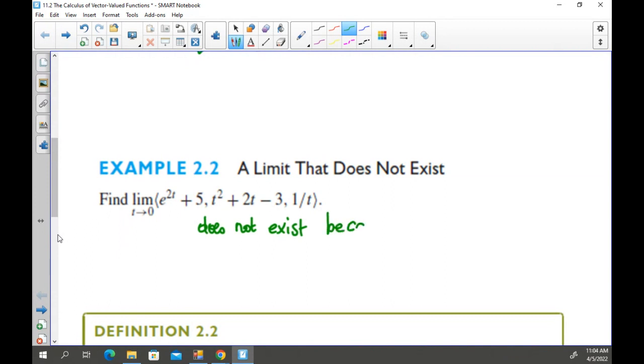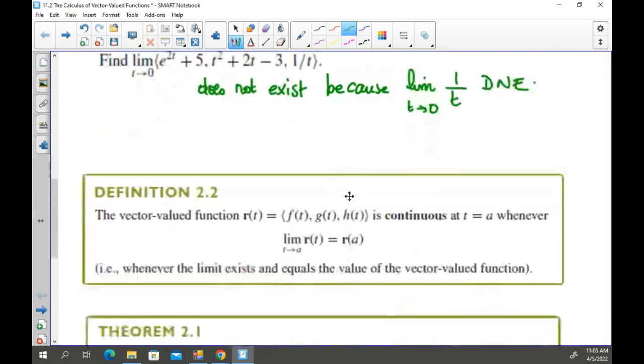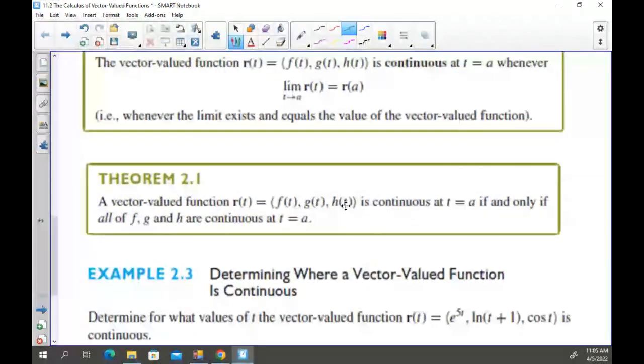The limit of 1 over t as t approaches 0 itself does not exist. The other components are fine, but because this one has a problem, the whole limit does not exist. Does that make sense? No problem.